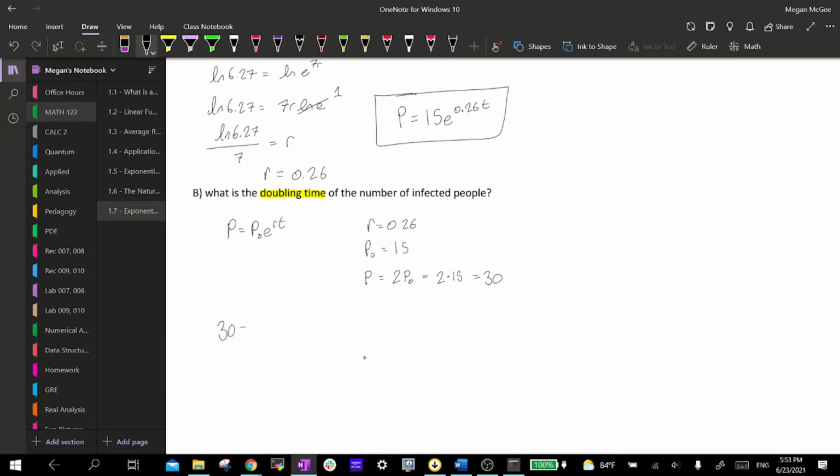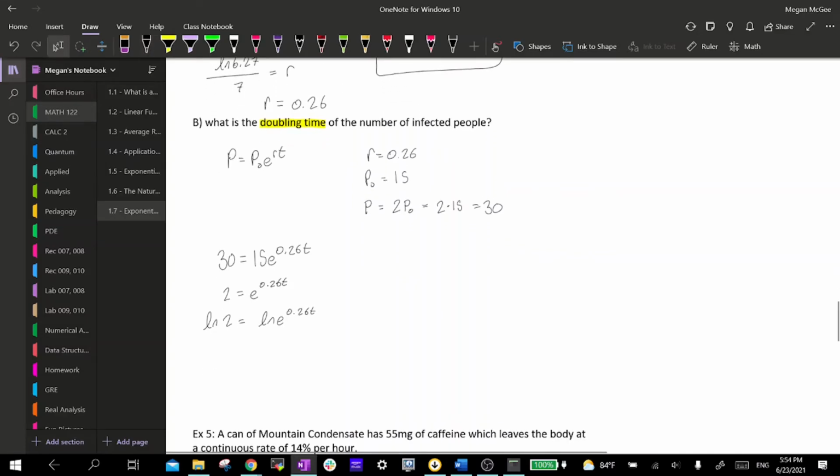So 30 is equal to 15 e to the 0.26 t. We only have one unknown variable, so divide both sides by 15. We'll get 2 is equal to e to the 0.26 t. Again, we'll take the natural log of both sides so we can bring that exponent down.